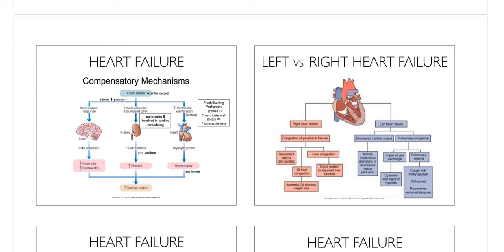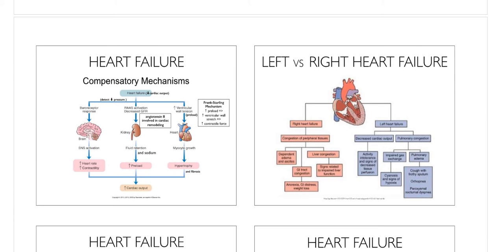That pulmonary edema can result in a cough with frothy sputum, orthopnea, and paroxysmal nocturnal dyspnea, which is that difficulty in breathing during the night when you're lying flat, because all that fluid that normally, when you're standing or sitting, would accumulate in the bases of your lungs suddenly gets spread out along the vertical length of your lungs because you're lying flat.